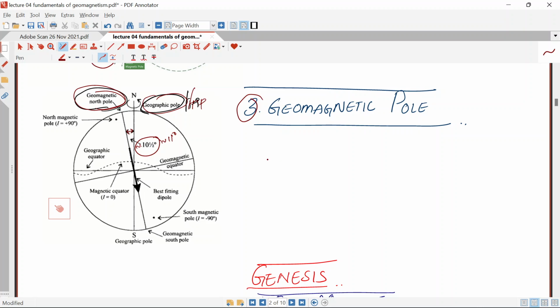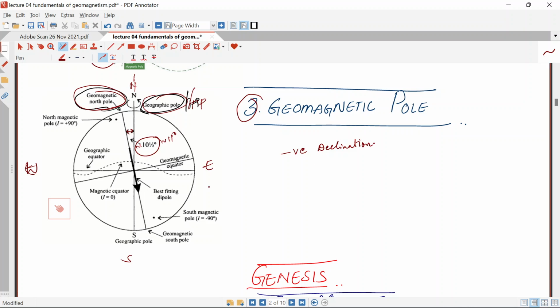Here we need to understand one thing. If you consider north and south, and this is east and this is west, then if the inclination is towards the western direction, then it is negative declination.